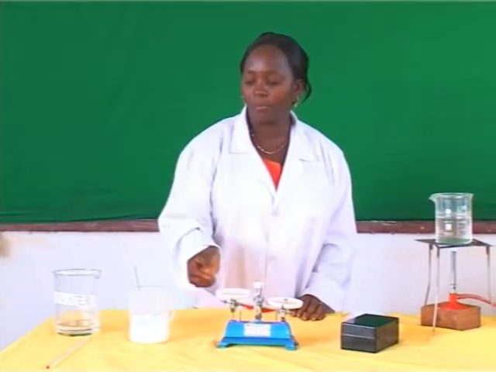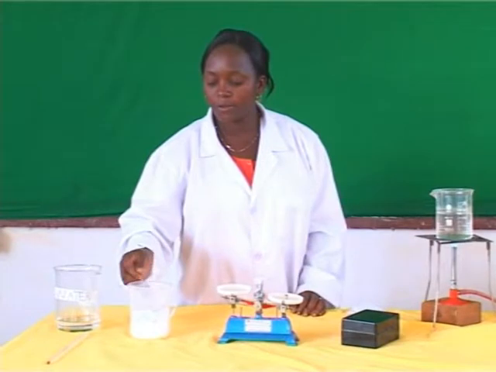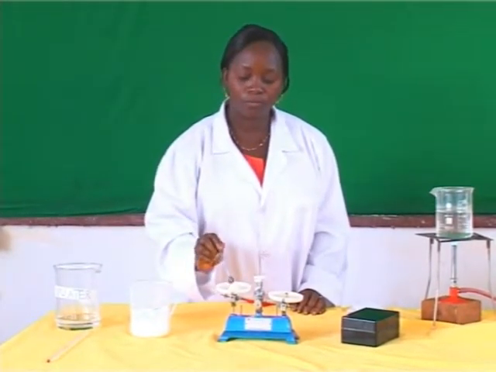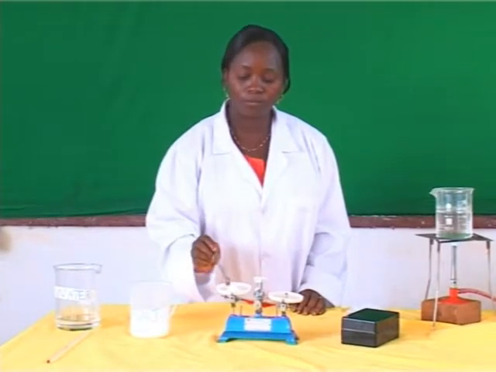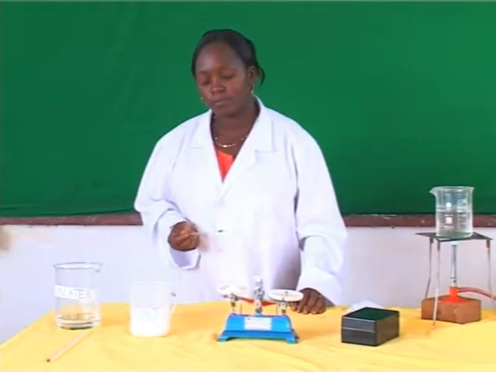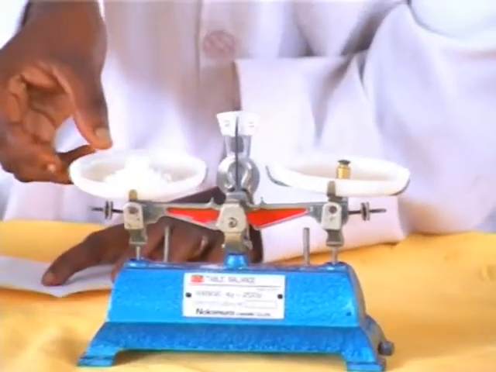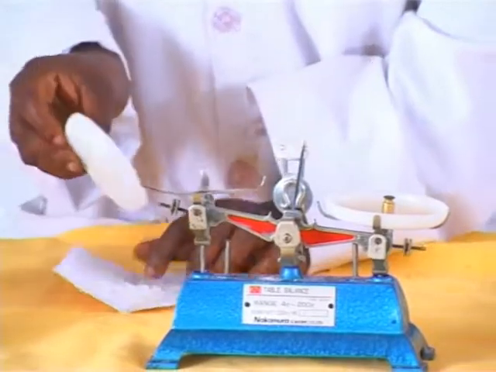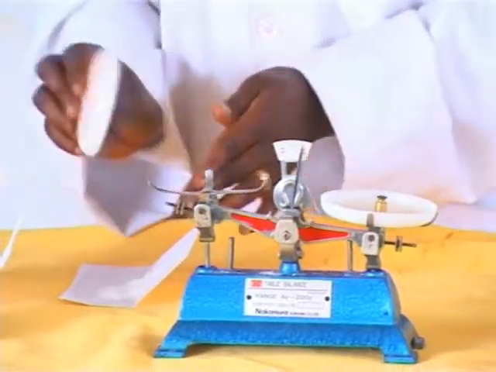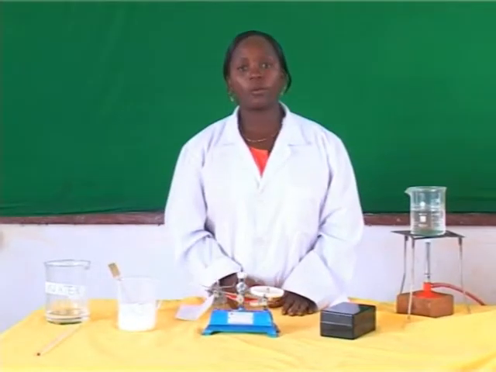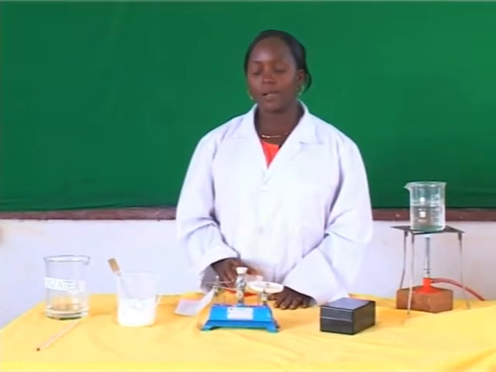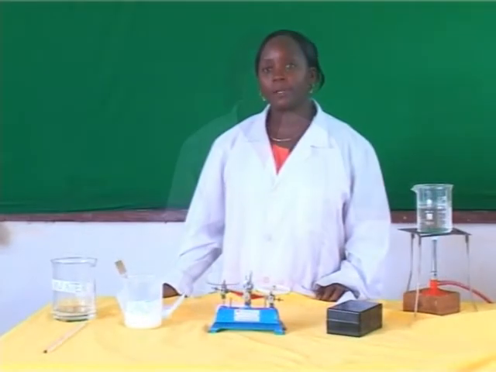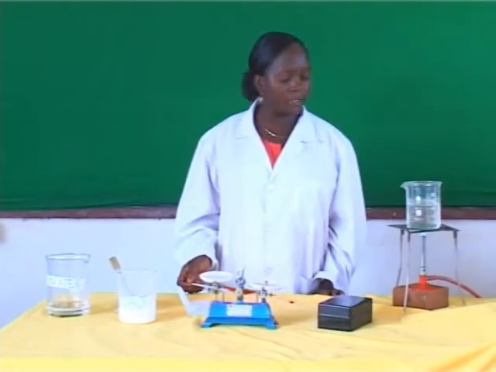Again, measure 5 grams of salt. Continue to measure 5 grams of salt until 30 grams and put them separately. The water is now boiling.